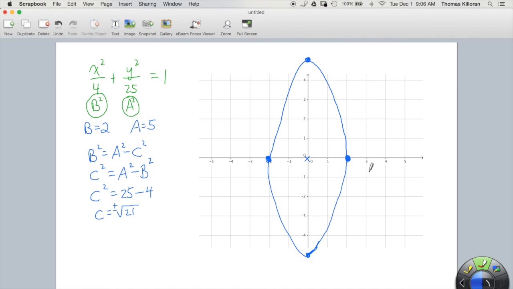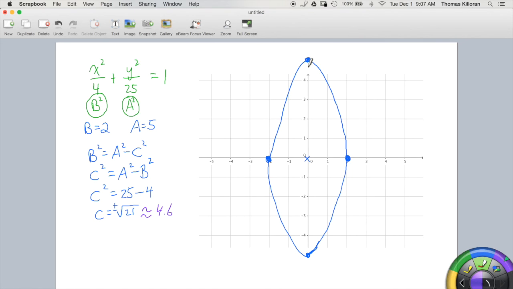And then to get the foci in there, they're not physical points on the graph, but we like plotting them to see where they are because they're the reason that this ellipse exists. So square root of 21 is about 4.6. That just gives me an idea of where to plot it, but I'm still going to label it according to square root of 21.